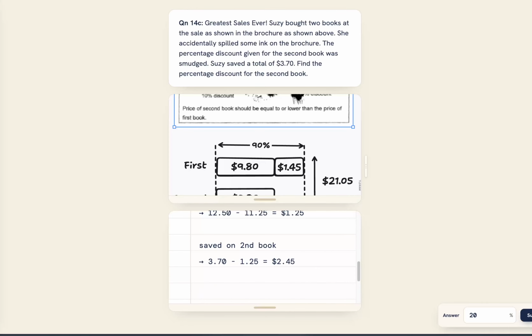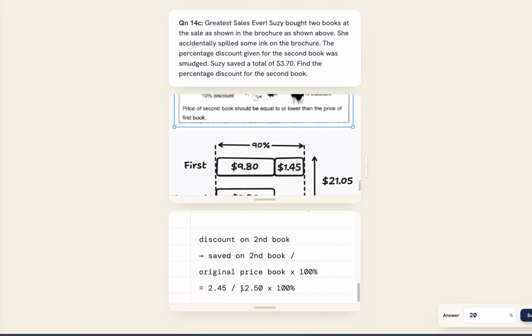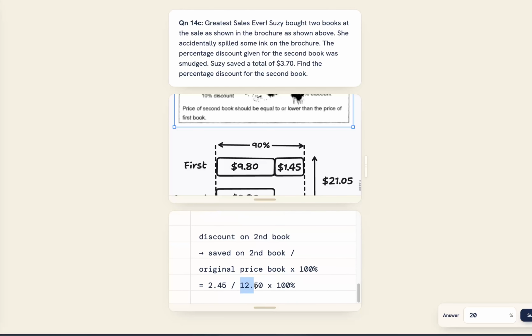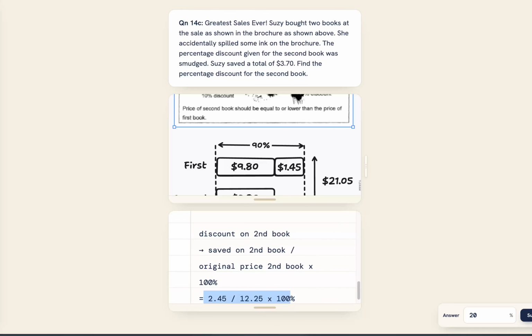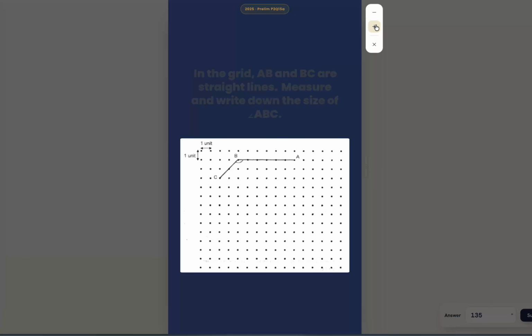Sorry, I forgot one more step, which is the second book is $9.80. So the original price of the second book is equal to $9.80 plus 2.45. This will give us $12.25. So the original price, this $12.50 is for the first book. The second book is 12.25. So then we will just put this here. Then if we calculate again, it will be equal to 20%. Okay, there you go.